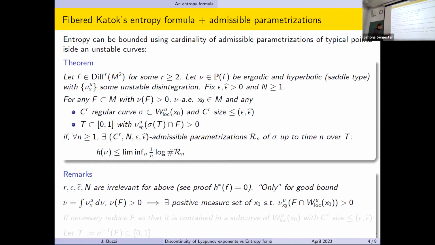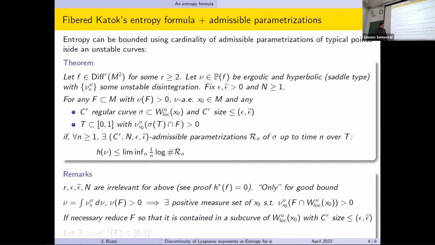Okay, so once we have a set of positive measure, since we have a disintegration, we will automatically have a set of positive measure of base points so that the measure of the trace of F is positive. Okay, and if we are worried about the exact size of the unstable local manifold, we shouldn't, because all we care is that we have something of positive measure.